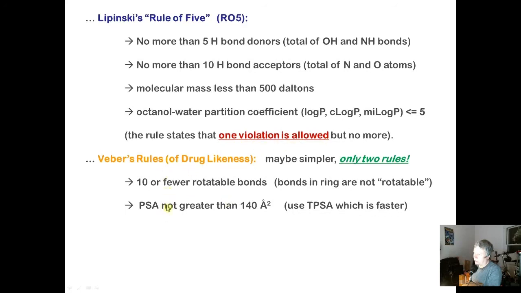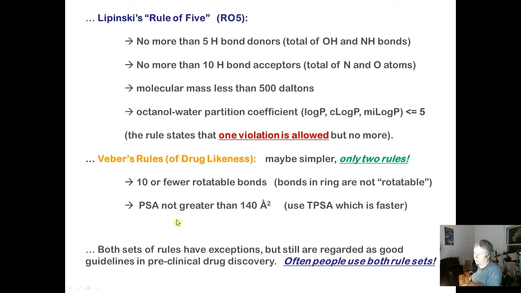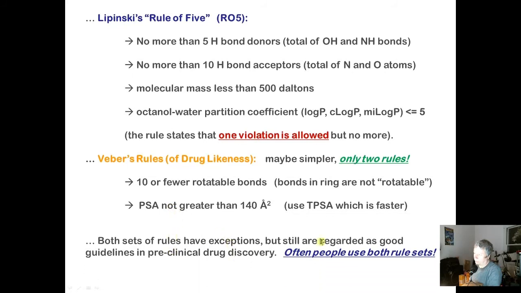For Weber, both have to be compliant. Both rules have to be in effect. Both sets of rules have exceptions, and they're still regarded as good guidelines. Often people use both rule sets. So if you read a paper, they might say, our drugs are compliant with Lipinski's rule of 5, and they're also compliant with the Weber rules. So you might see that text in a paper.